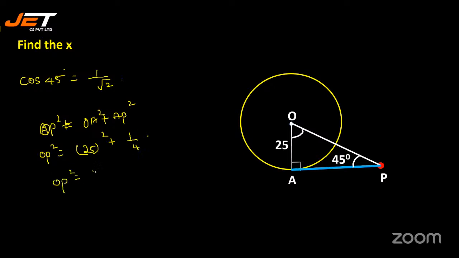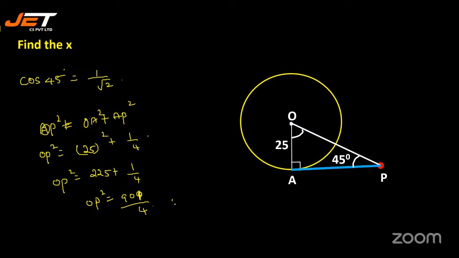So 225 plus 1 by 4. So OP square will be 901 by 4, right? So when we take the square root of this, just a second. So we get 225.